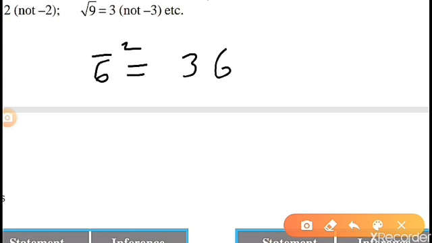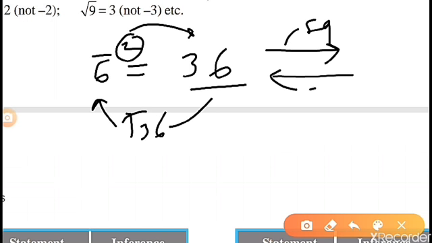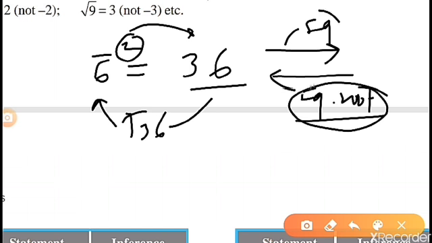So squaring is an operation which gives us 36, and if we take the square root of 36, we get back to 6. So taking the square root is the reverse process of squaring. When we are squaring we are going to the right, and when we take the square root we are going to the left. So this is squaring and this is square root.